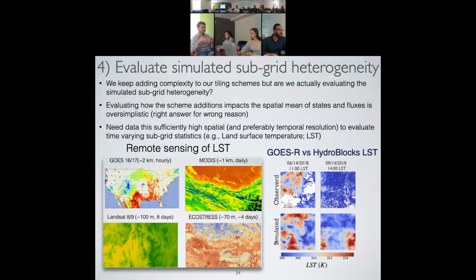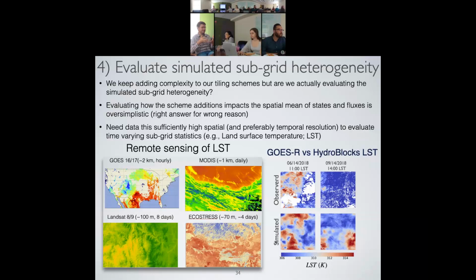The nice thing about this mapping concept is that it allows us to compare to remote sensing of LST, remote sensing of leaf area index, you name it. It allows us to put it in the same world and not just compare spatial means at 1 degree. It allows us to compare at 2 kilometers, as satellite remote sensing might see it.